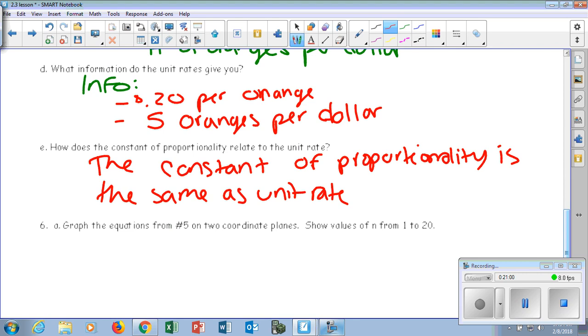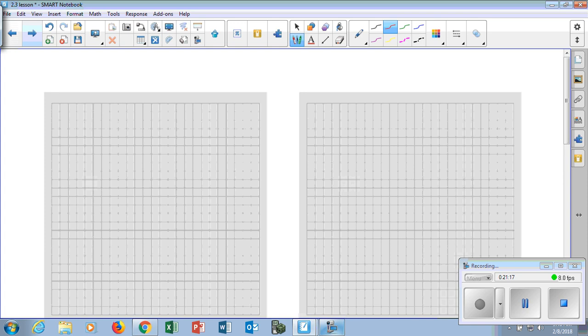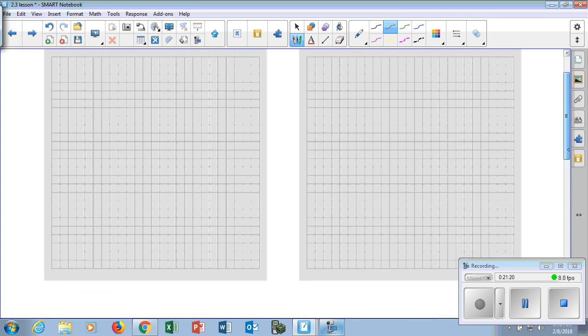For 6a, graph the equation from number 5 on the 2 coordinate planes. Show the values of n from 1 to 20. So if we go on to our next page, is everyone done writing this down? Yes? Okay. This is our, let me write it on the side, number of oranges. And I'm going to go up by 2s.